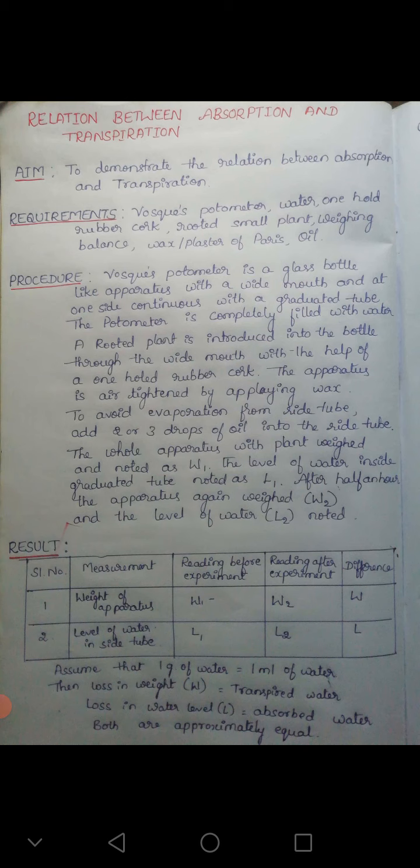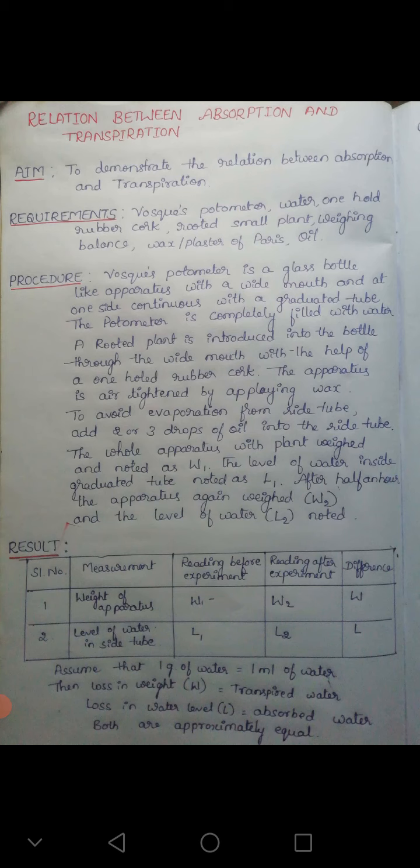So, the tabular column here shows the measurements: the weight of the apparatus and the level of water inside the tube. Here, the reading before the experiment is W1, the initial weight of the apparatus, and the reading after the experiment is W2, the final weight of the apparatus, and the difference is W1 minus W2.